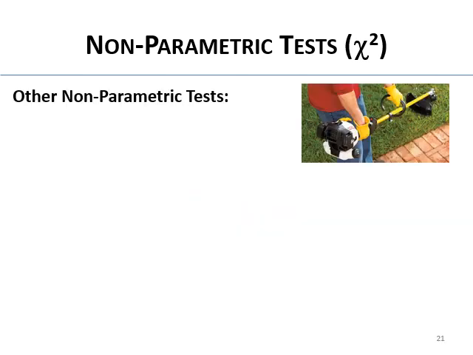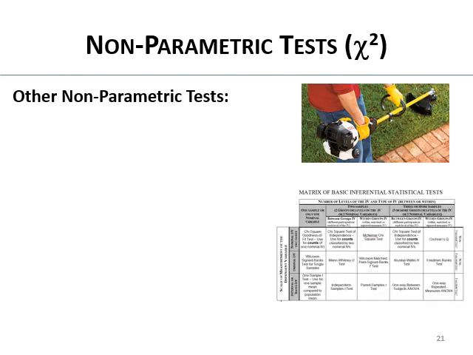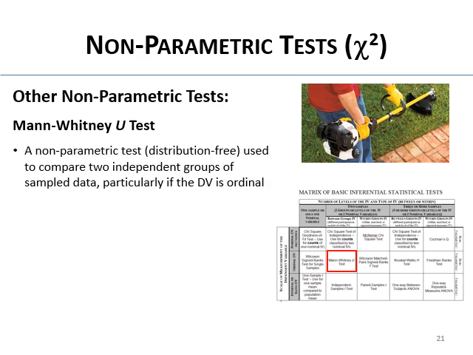So there are some other non-parametric weed whackery sort of weird tests that I want you to know about, but this class is already crazy. So in the matrix of basic statistical tests, there was one called the Mann-Whitney U, and it was the non-parametric test used to compare 2 independent groups of samples, particularly when you've got an ordinal DV.